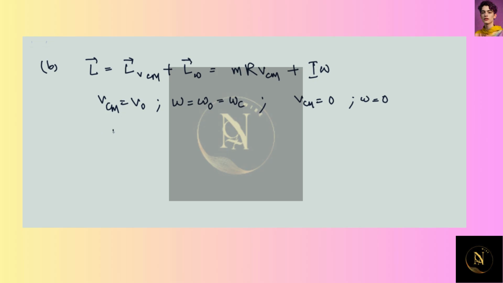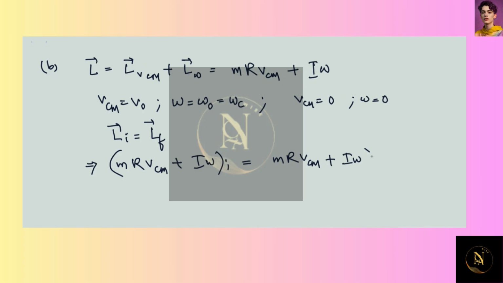Since angular momentum is constant, initial angular momentum is final angular momentum. Now we use this relation: m r v_cm plus I omega initially is equal to m r v_cm plus I omega for the final angular momentum. Now let's plug in the values for the initial motion. So we have m r v naught plus I omega naught.